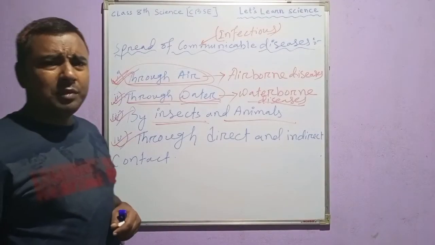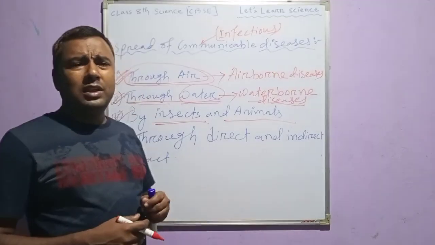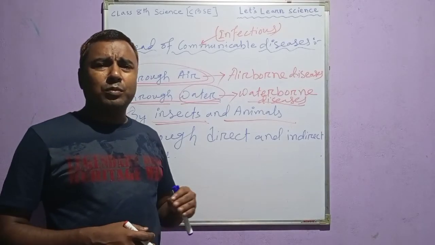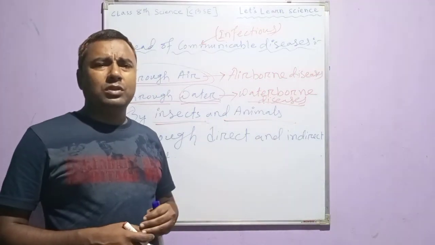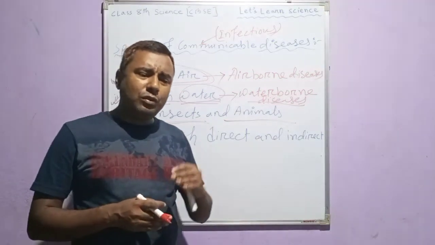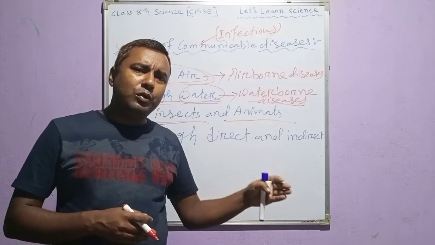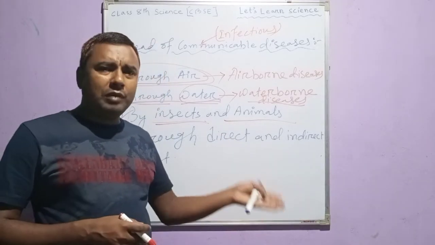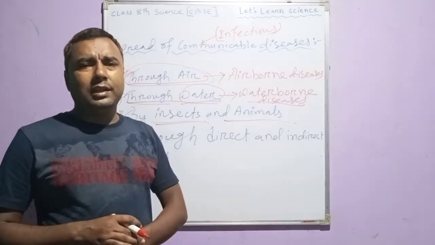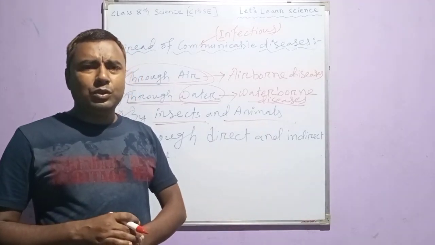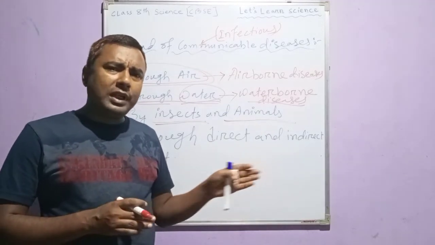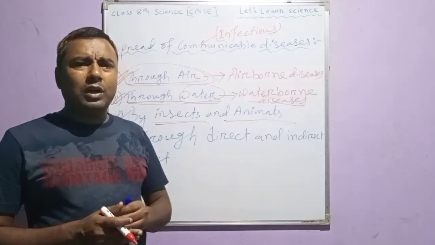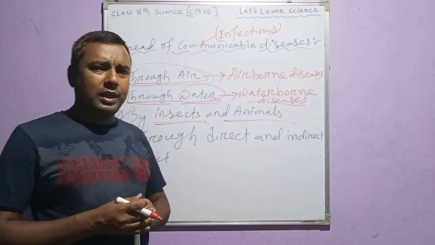Sometimes, some viral diseases like measles, smallpox, chicken pox: if you come in contact with people who are suffering from those diseases, you will also suffer from that particular disease. So the germs also spread through direct contact. Again, sometimes through indirect contact.